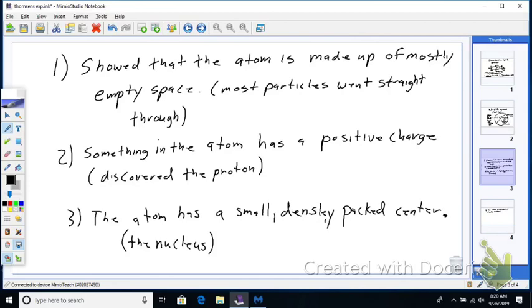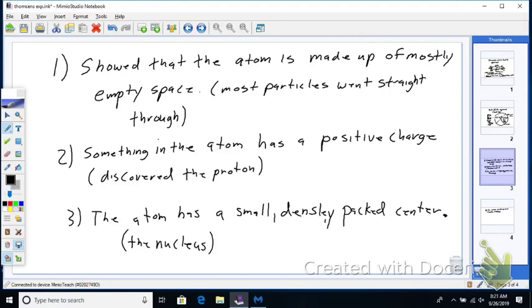So, there's something else. We know like charges repel. Guess what's coming together when I put my hands together? What's not allowing my hands to go through one another? What's on the outside of an atom? Electrons. So electrons coming close to electrons, what are they eventually going to do?